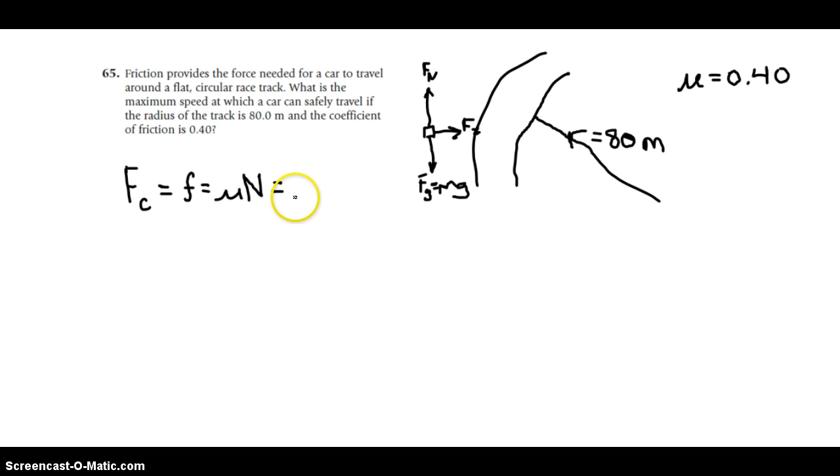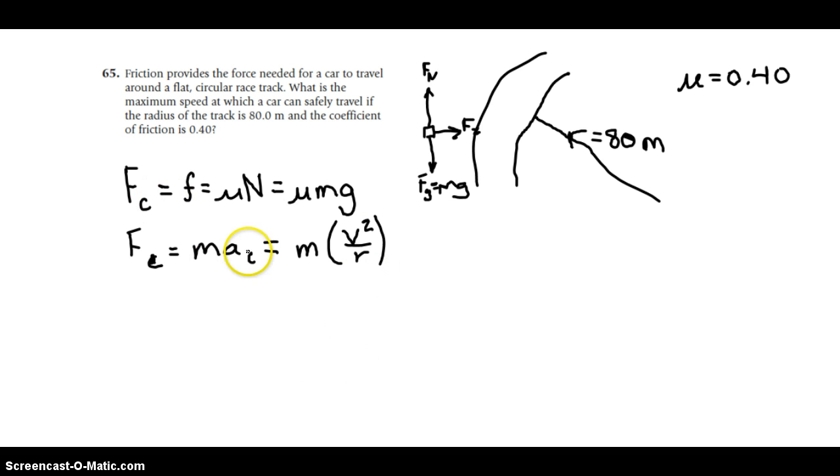So since normal force equals gravitational force, which equals mg, I'm going to make this mu mg as my friction force. Now we also know centripetal force is equal to mass times centripetal acceleration, and centripetal acceleration is v squared over r.